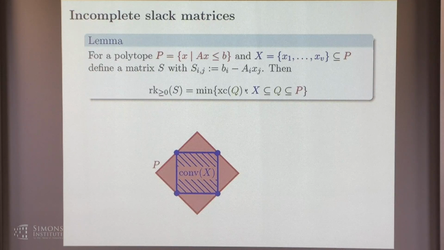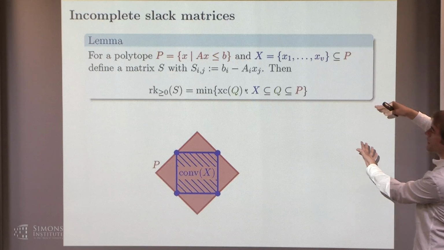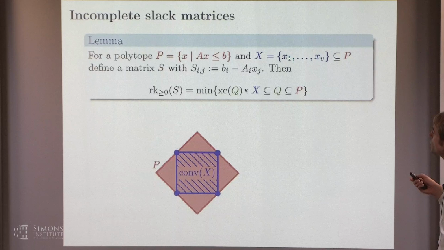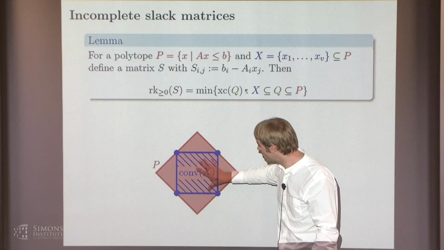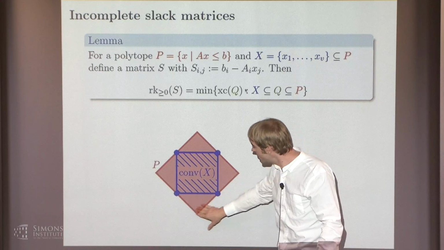By the way, there is a nice geometric interpretation of what it means if you have only a subset of valid inequalities and not all of them. This is just a side remark. One can show the following: if you have some points x that all satisfy some valid inequalities, you can define a partial slack matrix of these points with respect to these inequalities. The convex hull of your points is contained in these inequalities.